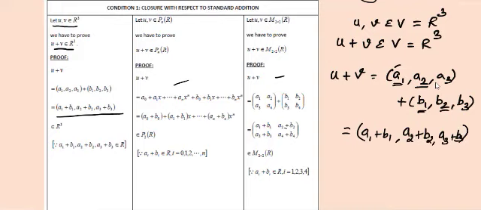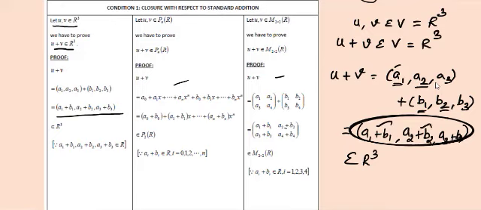So I should claim this belongs to R3. When can I say this 3 tuple belongs to R3? Structure wise it is okay, since R3 means the set of all 3 tuples. But more than that, I need a1 plus b1, a2 plus b2, a3 plus b3, everything to belong to R. Would you say these belong to R?